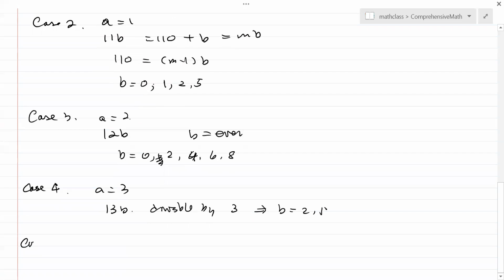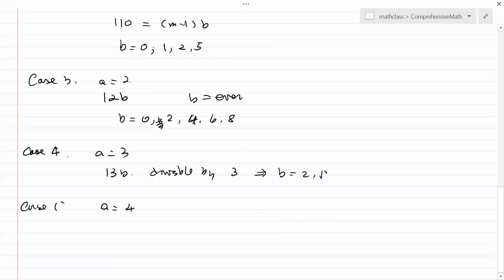Then case 5, A equals 4. Then 14B, which is 140 plus B, and this is divisible by 4. That implies B should be equal to 0, and B equals 4, no problem.